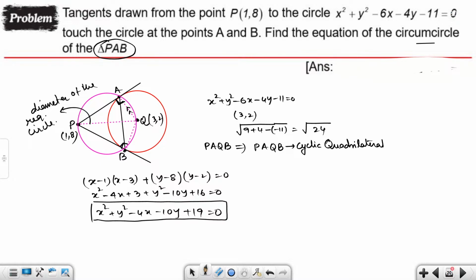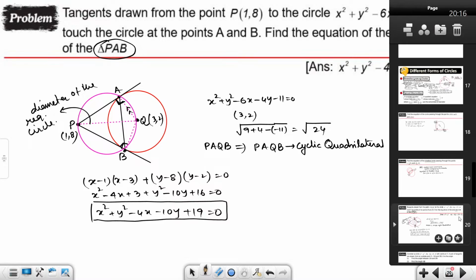That's exactly what I have tried to do here. So let me reveal the answer. Is it clear now? Chalo, let us move to the next problem.